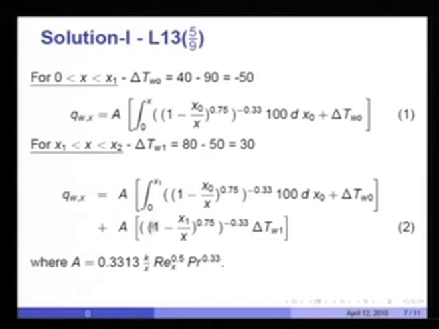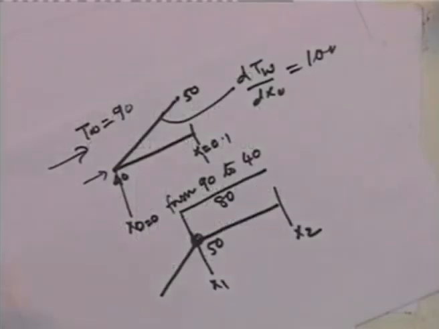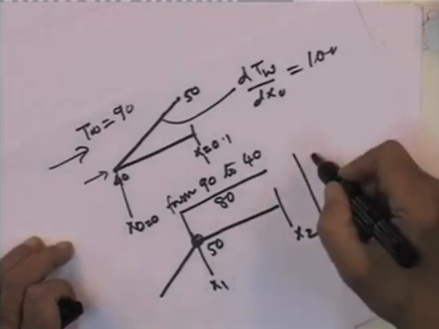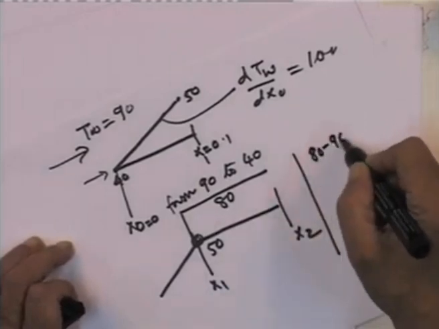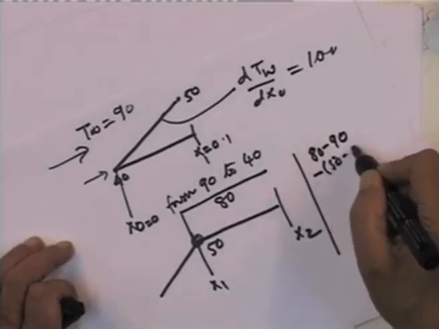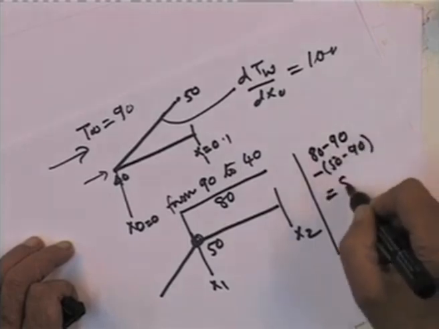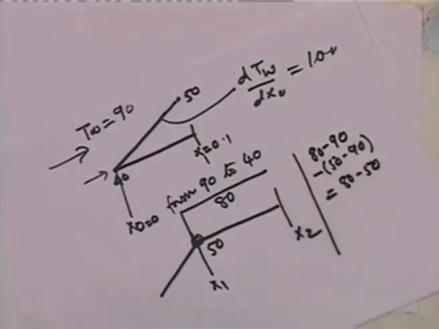This is the solution x1 to x integral. There is an error here, which we shall correct, plus delta Tw1, and delta Tw1 is 80 minus 50. In fact, 80 minus 50 should be read correctly as 80 minus 90 minus 50 minus 90 equal to 80 minus 50, which is plus 30.